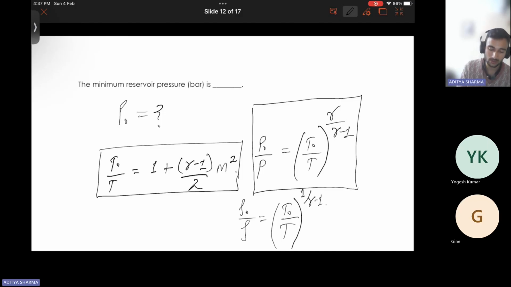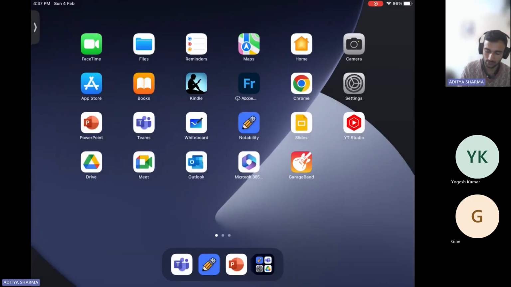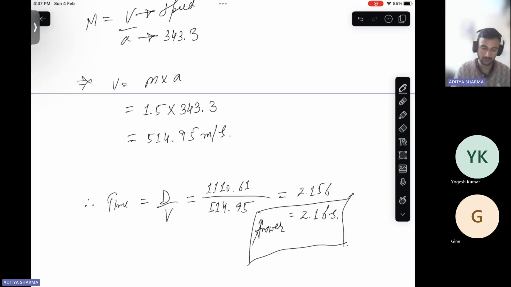These are the isentropic relations. You'll use these and solve it.